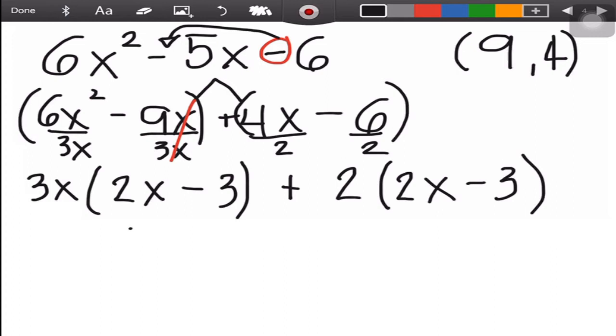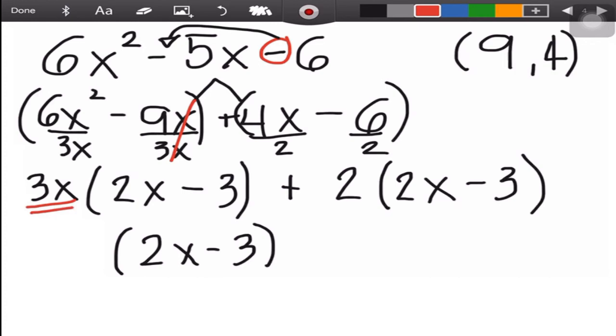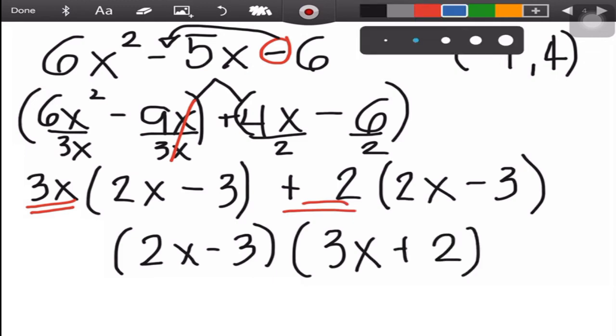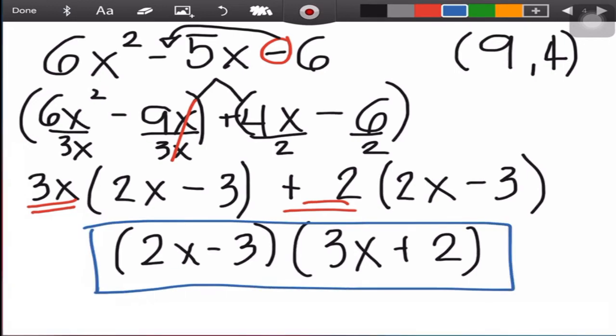So you will just copy the terms inside the parentheses because they are just the same. You will just write it once and then you will combine the term outside the parentheses and then this is the final answer for this example.